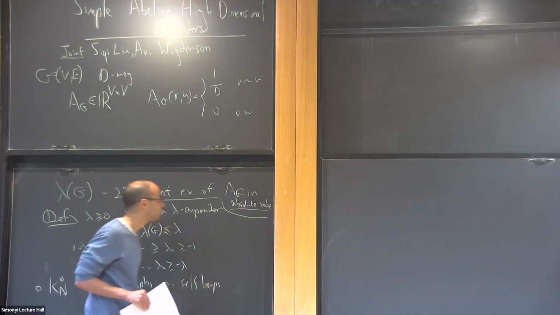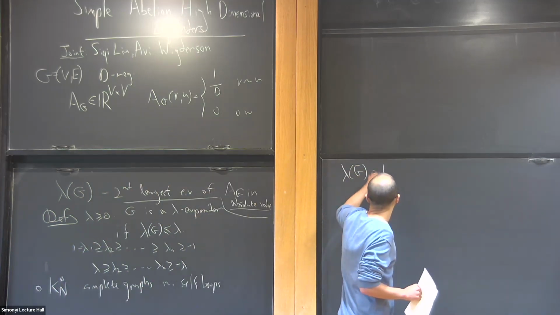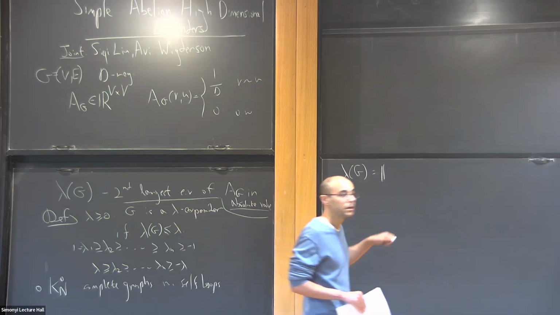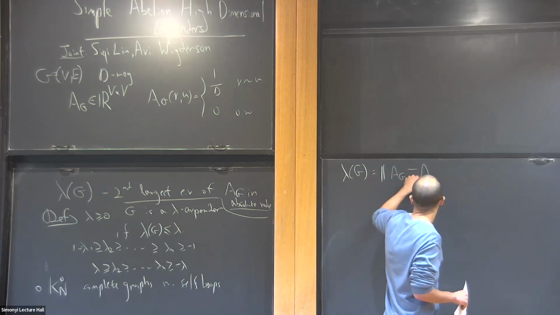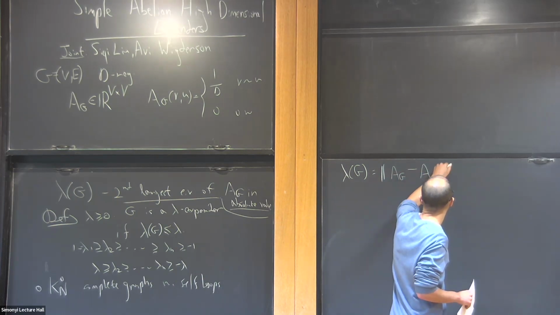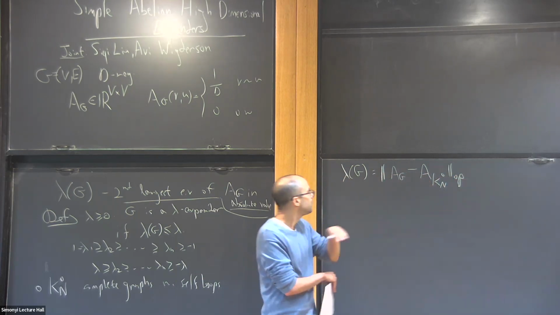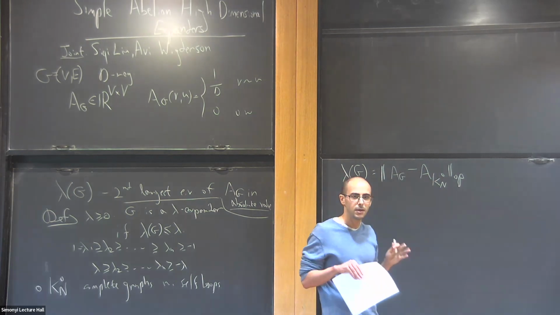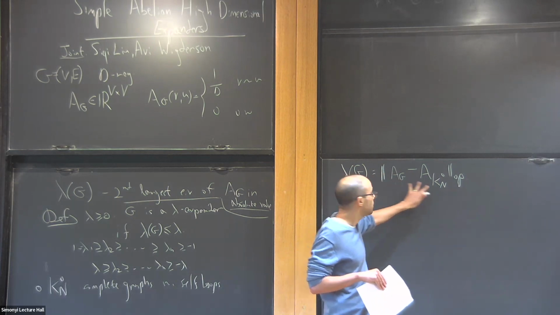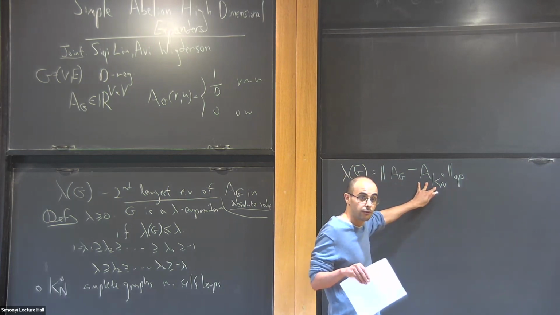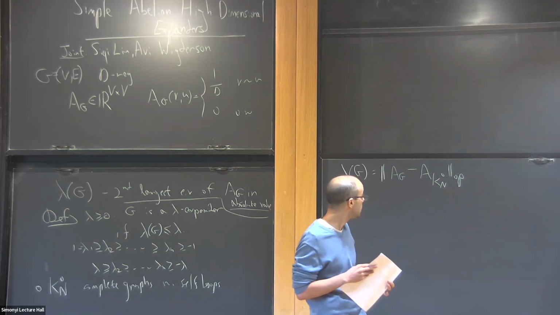And it turns out that if you look at this lambda G, one other way to define it is just the difference between the adjacency operator of G and the adjacency operator of this complete graph with self-loops in operator norm. Even if we don't remember what operator norm means, this is basically measuring some distance between the graph G and some very dense and well-connected graph, like the complete graph with self-loops, right? Every two vertices have an edge, even a vertex with itself.